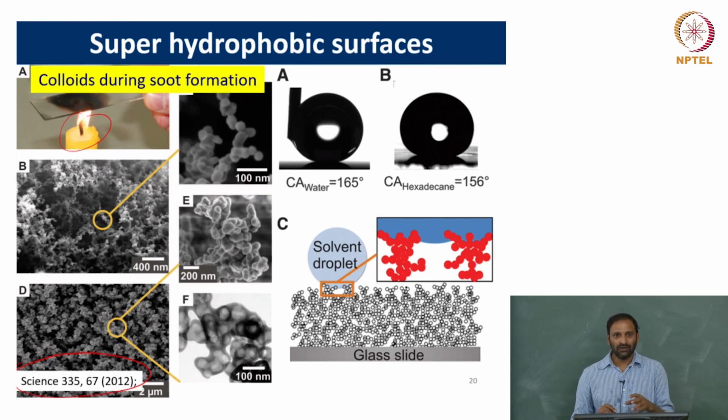If you look at the soot, it looks flaky. The flakiness actually comes because it has a very open network of particles like this. It's not individual particles the way it comes out; they're connected, forming loose aggregates, and these loose aggregates are deposited on the glass substrate.